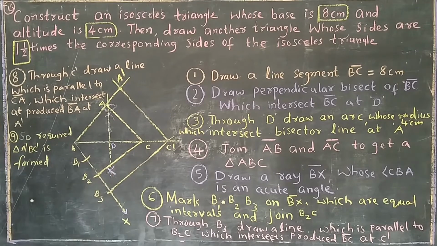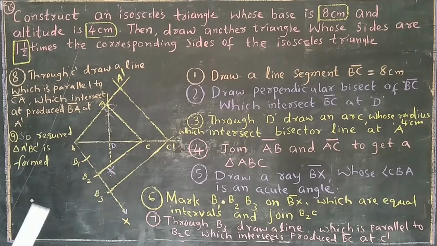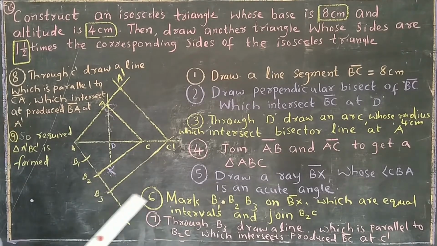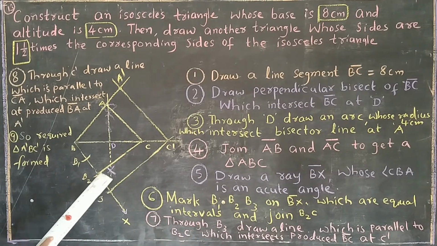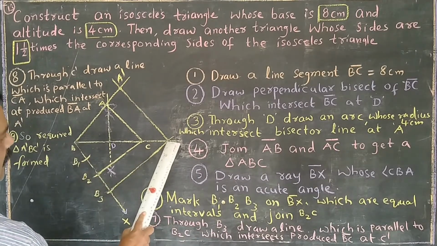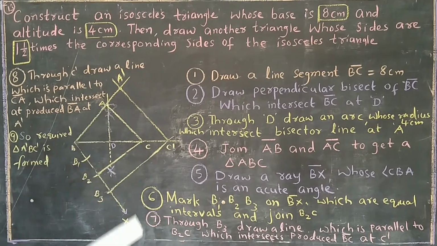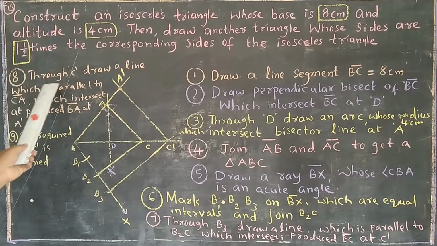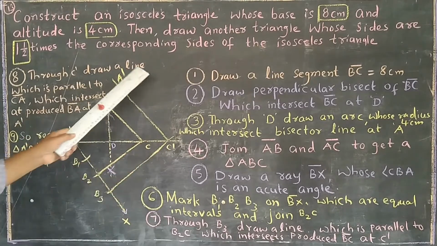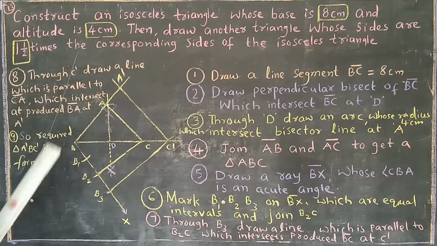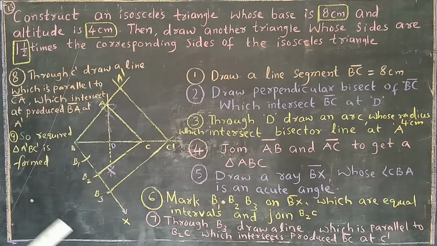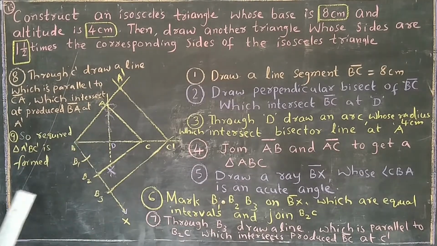Next, through B3, draw a line parallel to B2C, which intersects the produced line BC at C dash. Through C dash, draw a line parallel to CA, which intersects the produced BA at A dash. So the required triangle A dash B C dash is formed. See properly and practice.